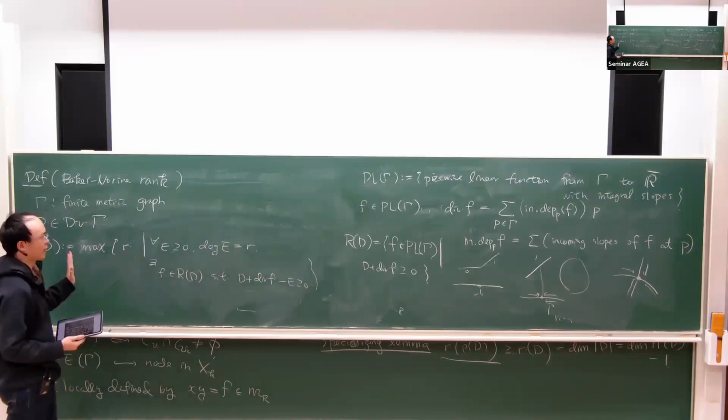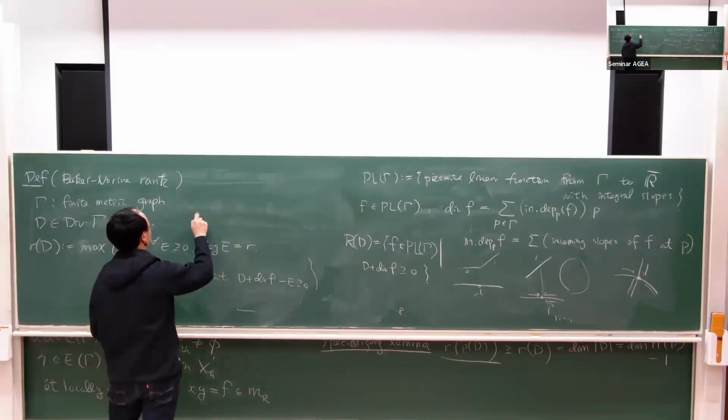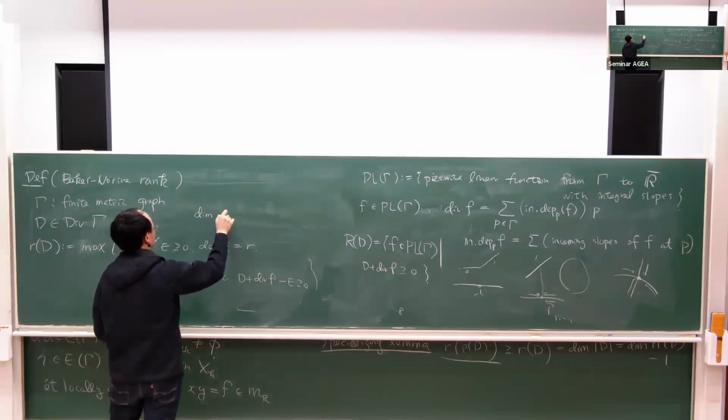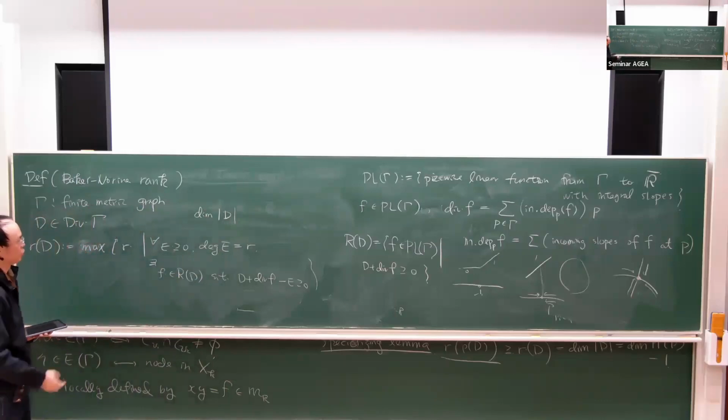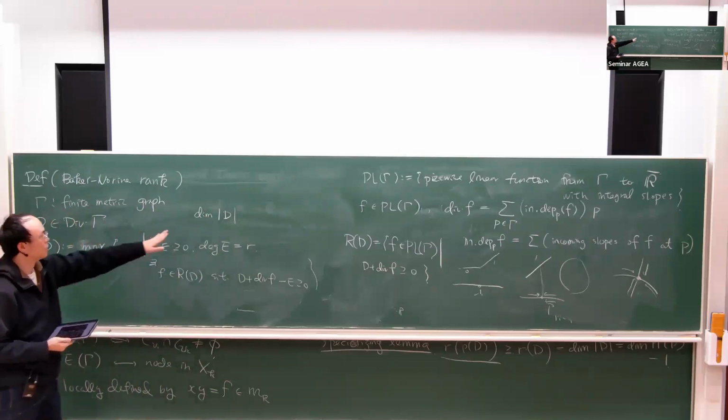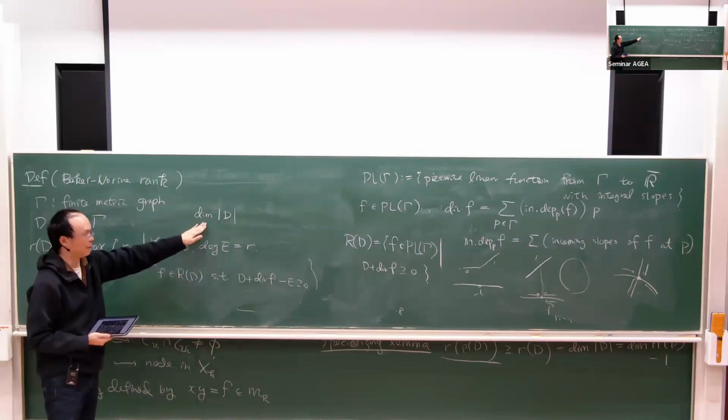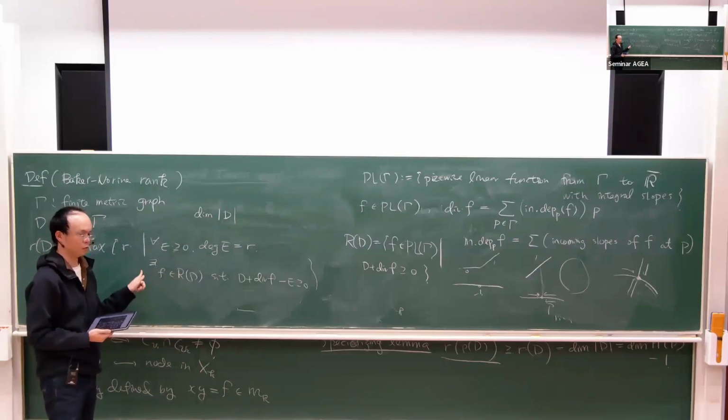One can check that if you use this definition, it actually gives you the usual rank of D when D is a divisor on a curve. So this is just another definition for the rank of a divisor, but it can be generalized to a graph.